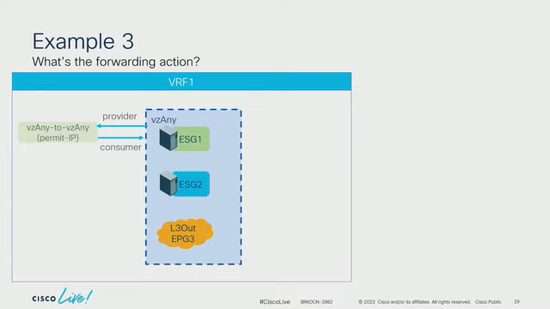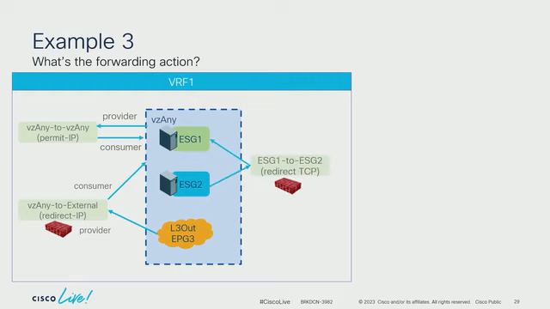Then the third use case is, let's say you have any to any permit, and you have north-south firewall inspection, any to external EPG redirect, so that everyone who talks to external is redirected. Then you have some specific east-west combination to be inspected. Then you create ESG1 to ESG2 redirect for TCP. Then what's going to happen for ESG1 to ESG2 TCP traffic?